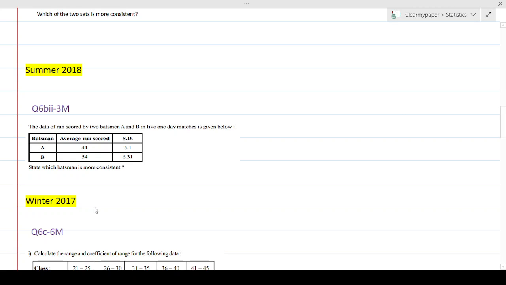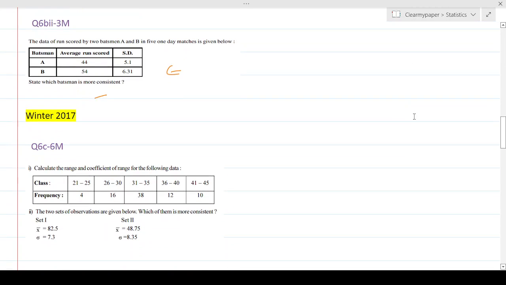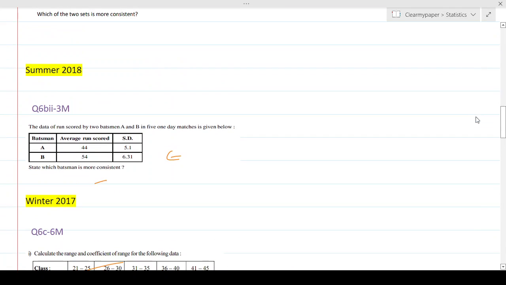The question still appears but for different values. But again, it comes back in 2017 in the second part for 3 marks. You can ignore this part, but over here again for 3 marks, the same set of values. So it looks like there's a pattern where this question definitely comes, and for the most part it will come with the same set of values. So you might as well memorize the answer and just write it and secure your 3 marks.